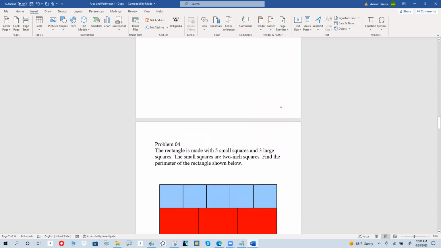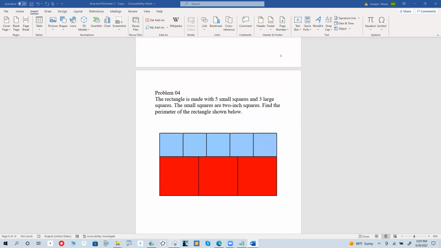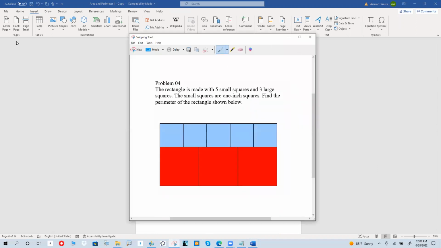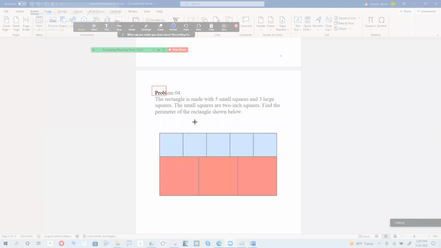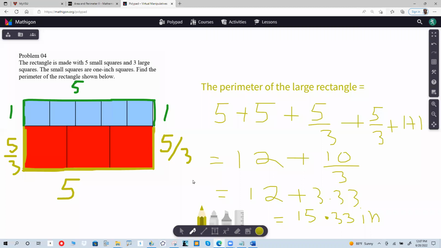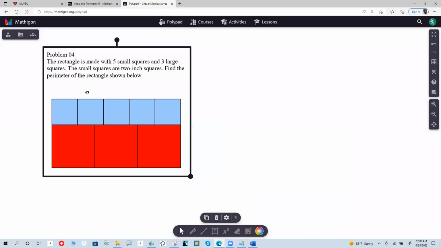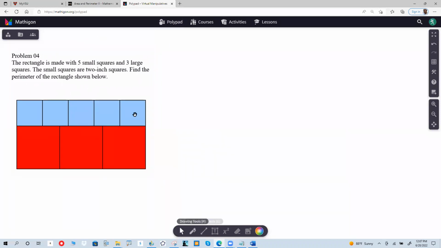And I'm going to take this question. Bring this guy here. And look, it now says the blue squares are 2 inches on each side.